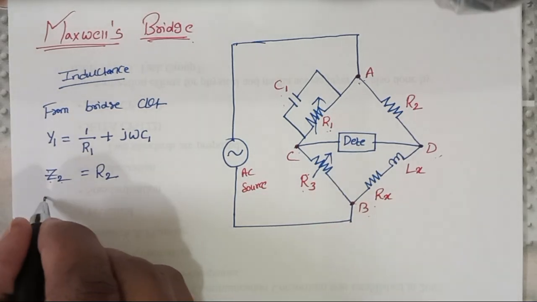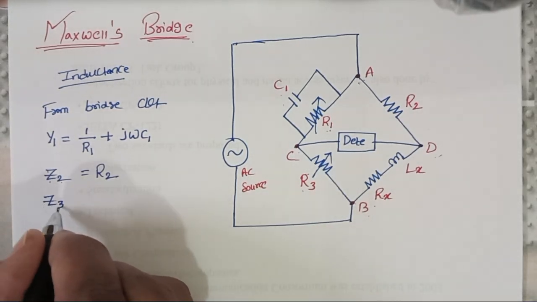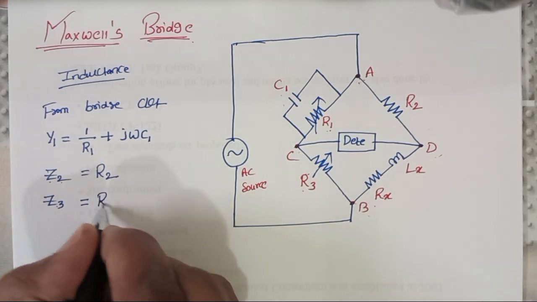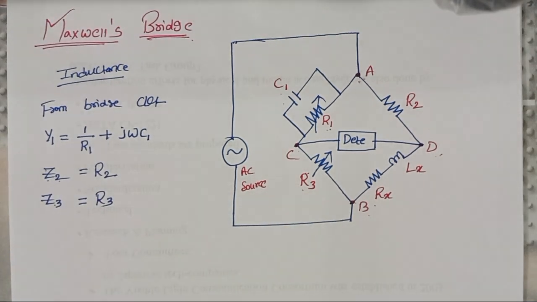The third arm is only a resistor, so Z3 is equal to R3.